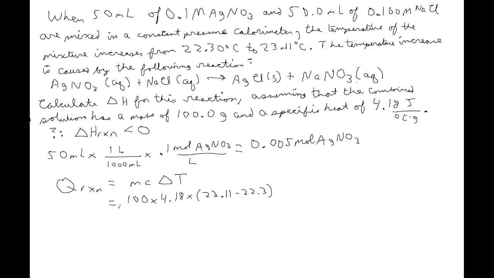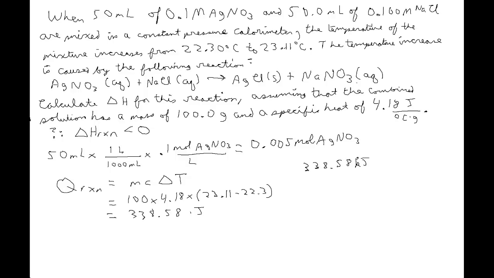So 100 times 4.18 times 0.81 is equal to 338 kilojoules. Now we can take 338 kilojoules and divide it by 0.005 moles. I'm sorry, that's in joules, not kilojoules.